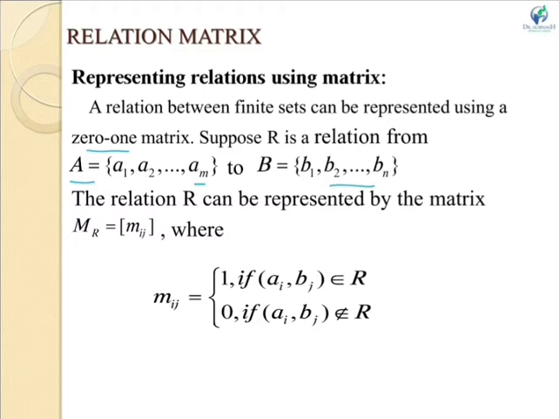The relation matrix can be represented by MR equal to [Mij], where Mij equal to 1 if (Ai, Bj) belongs to R and equal to 0 if (Ai, Bj) does not belong to R. That means where the ordered pair belongs to the set R, we write 1, and if it does not belong to the set R, then we write 0.